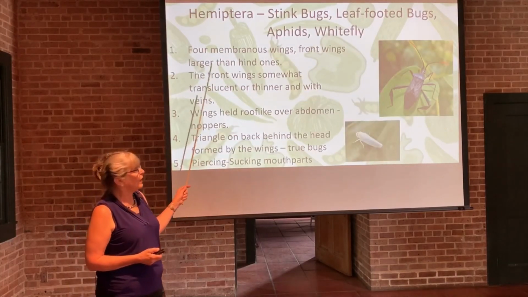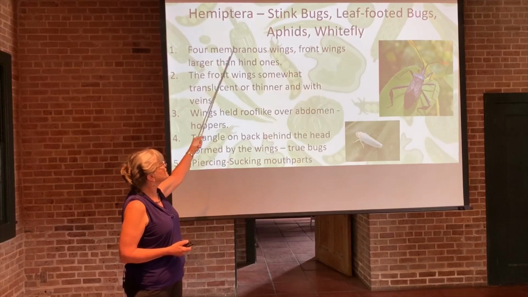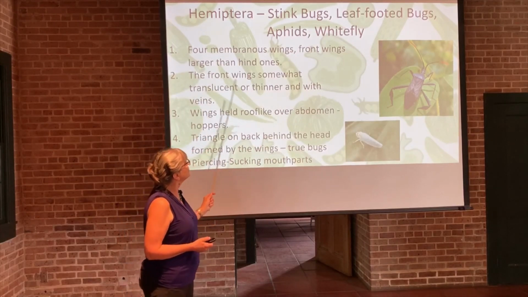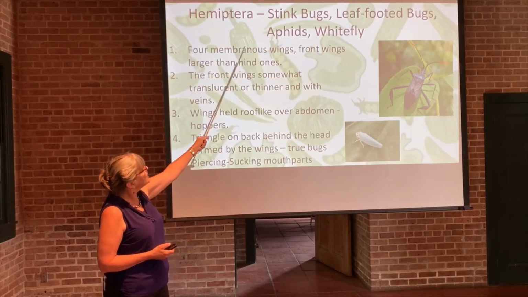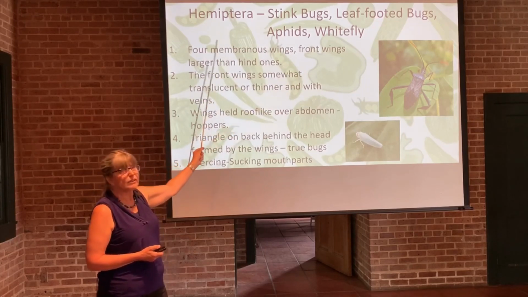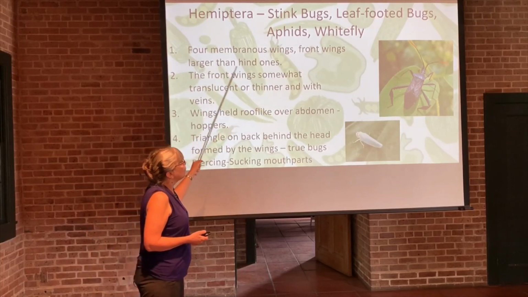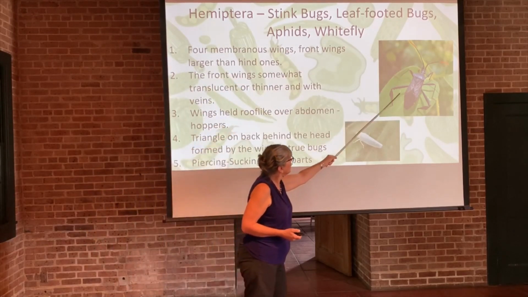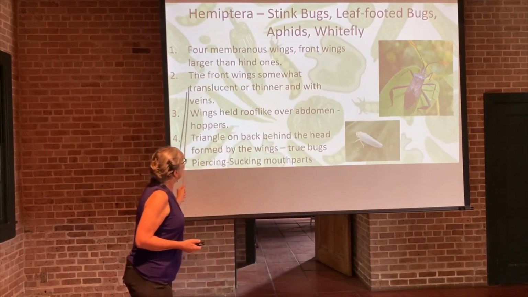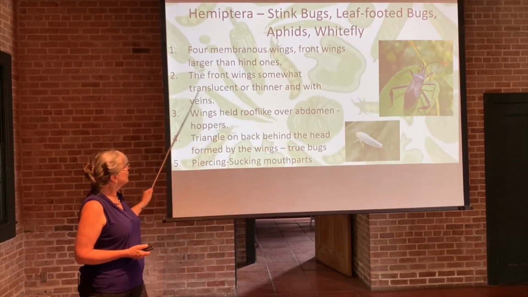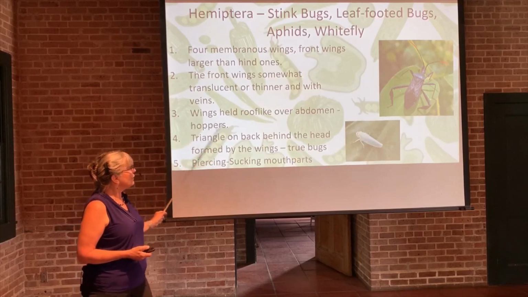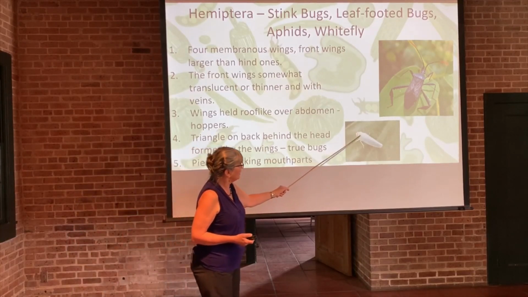Okay, Hemiptera. Hemi means semi, so this is kind of having a half wing, or you might want to look at it that way. Stink bugs, leaf-footed bugs, aphids, and whiteflies. They have 4 membranous wings, okay? The front wing is somewhat translucent and thinner with veins in it. And they're held roof-like over the body.